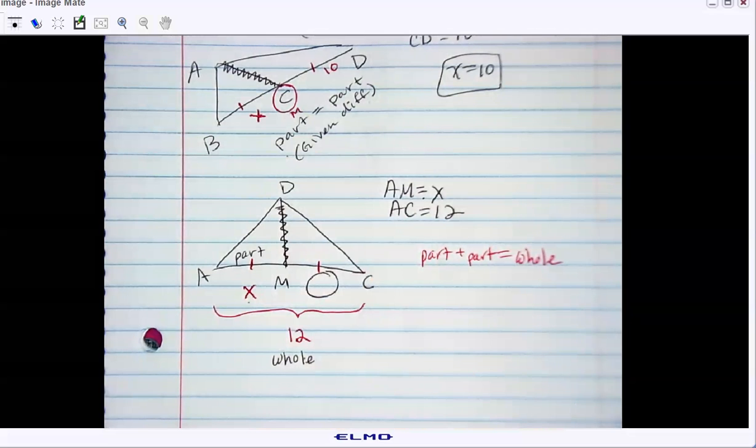If I have to add two things together to equal the whole, what am I going to put there? Somebody say it. You say it in the chat box. Say it out loud.